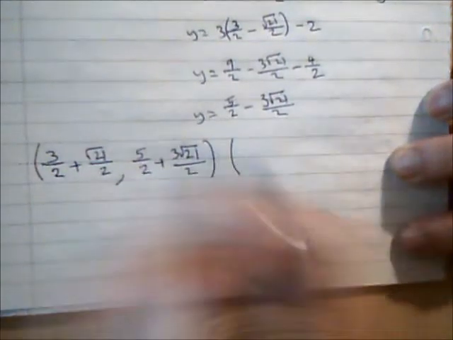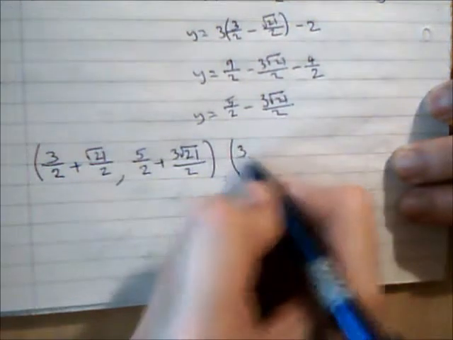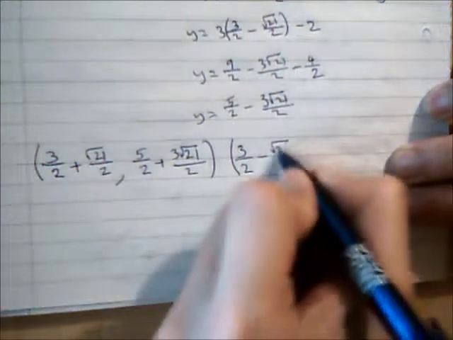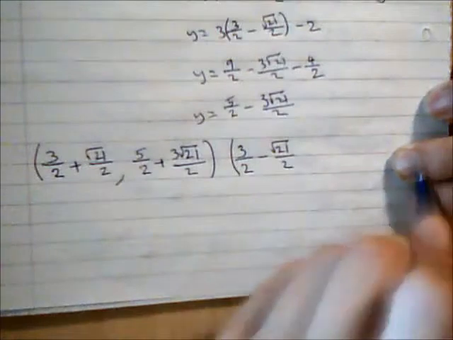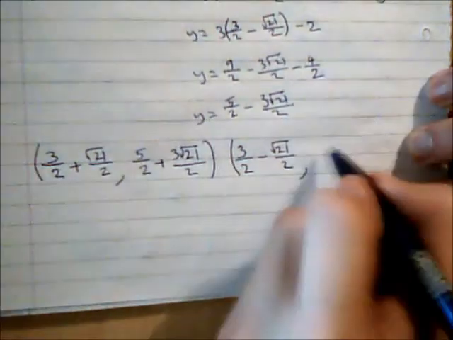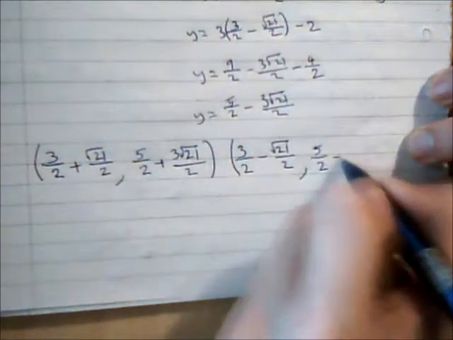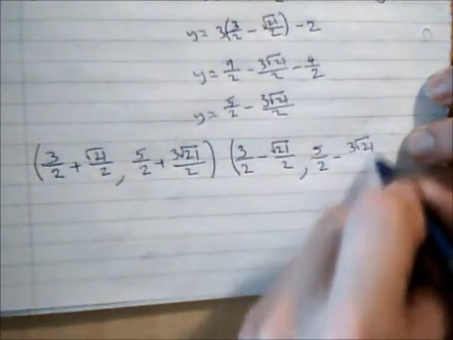And my other pair of coordinates was when x was 3 over 2 minus root 21 over 2 and y was 5 over 2 subtract 3 root 21 over 2.